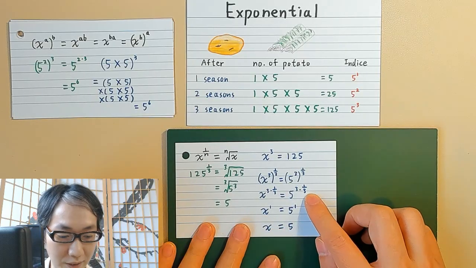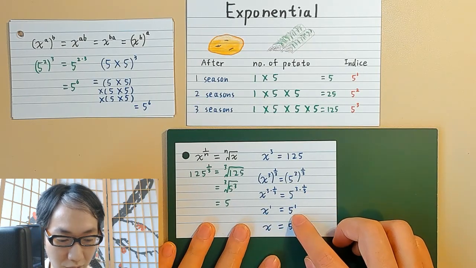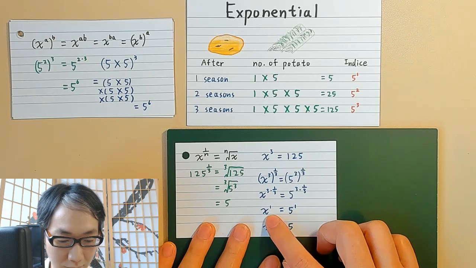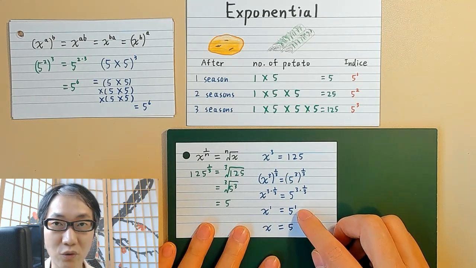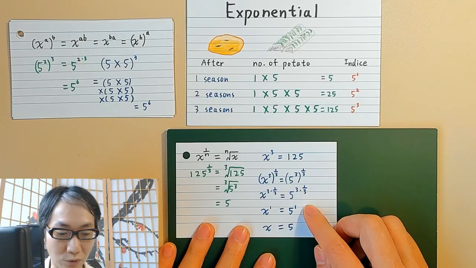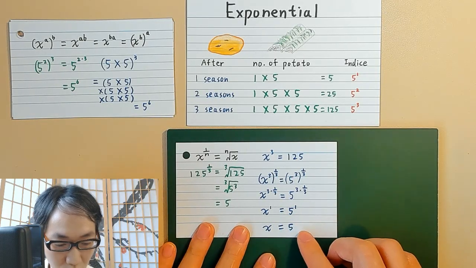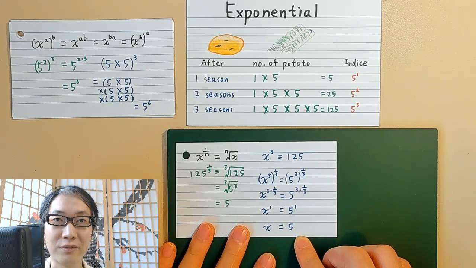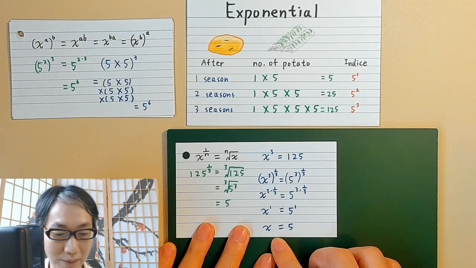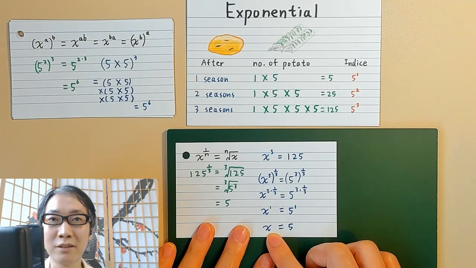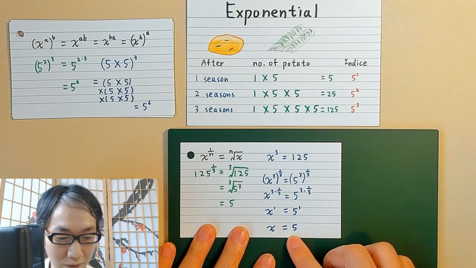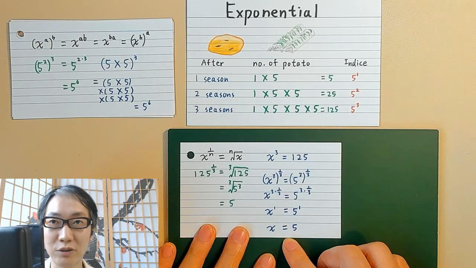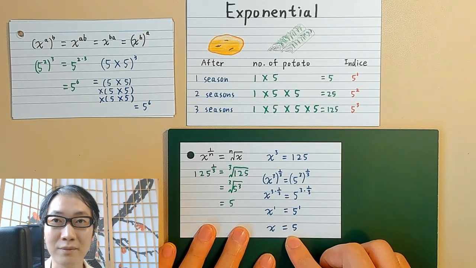Same for the right hand side. Get 5 to the power of 1. So to the power of 1 does nothing, just like running for 1 season. So then x is equal to 5. We get back the exponential factor, even if we somehow lost it in the process, but we can trace it back to get back the original exponential factor of 5.